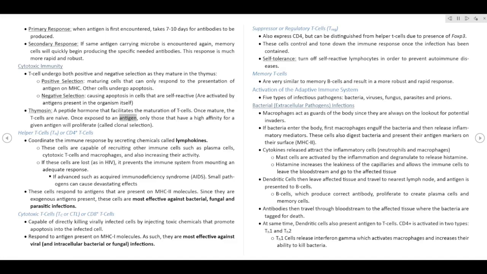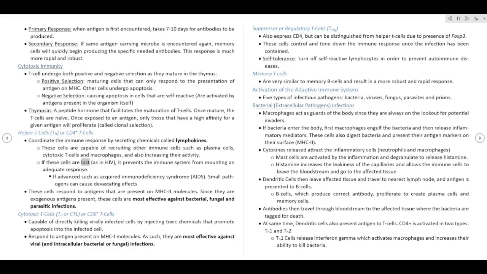Once exposed to an antigen, only those that have a high affinity for a given antigen will proliferate, called clonal selection. Helper T cells, Th, or CD4 plus T cells, coordinate the immune response by secreting chemicals called lymphokines. These cells are capable of recruiting other immune cells such as plasma cells, cytotoxic T cells, and macrophages, and also increasing their activity.